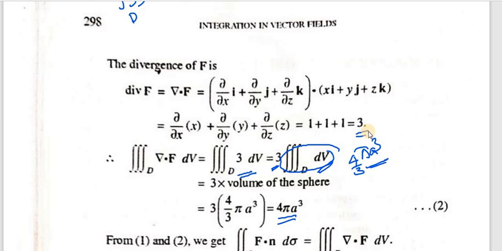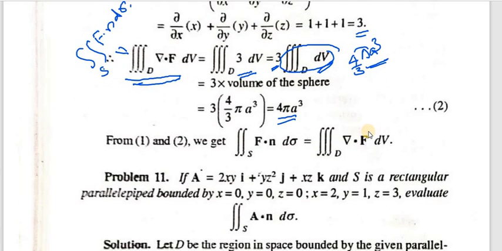Therefore the triple integral over D of del dot f dv is equal to the double integral over S of f dot n d sigma. Both these quantities are equal, hence the theorem is verified.